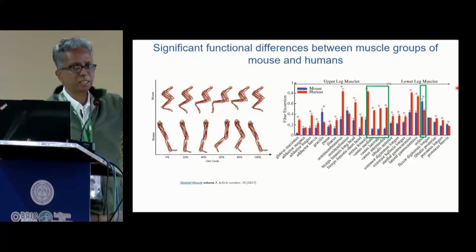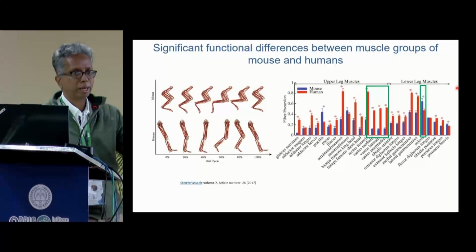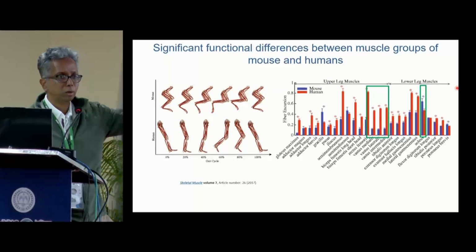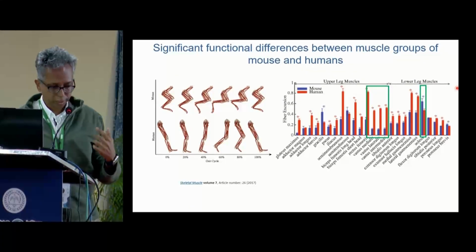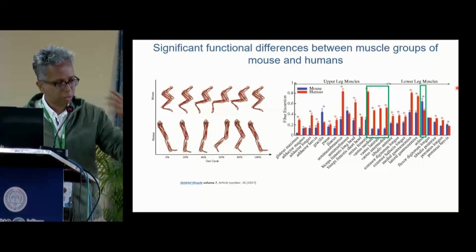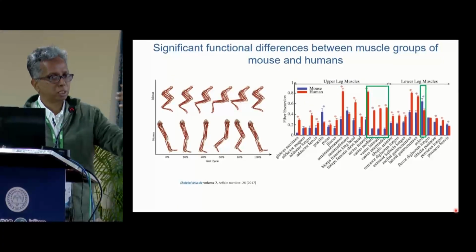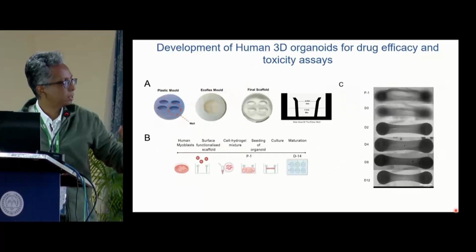You can tell that the vastus muscles and those in the upper limb are much more load bearing and do a lot more work as compared to the soleus muscle and so on in rodents. So though we have learned a lot about skeletal muscle physiology and function using small animals, it's really time to move to making muscles from human beings to really understand how things manifest there.